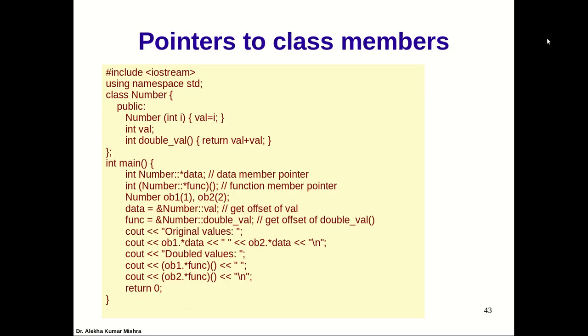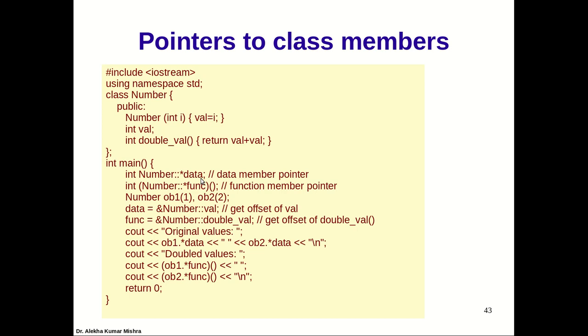So let's see this example in detail. We have the number class, which has already been discussed in the previous example. Let's go to main. Forget about this part first. Suppose we write int star data. It is a pointer to an integer. So simply writing int star data means we are declaring a pointer data which will hold the address of an integer type.